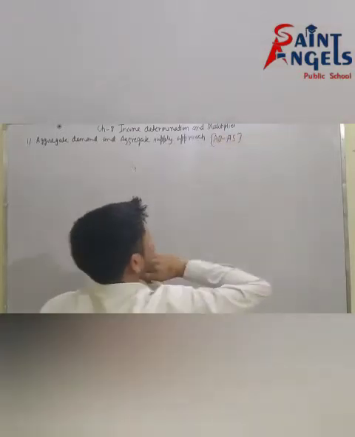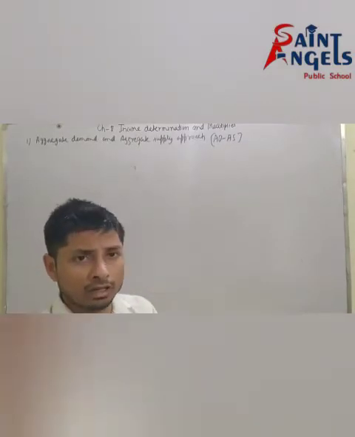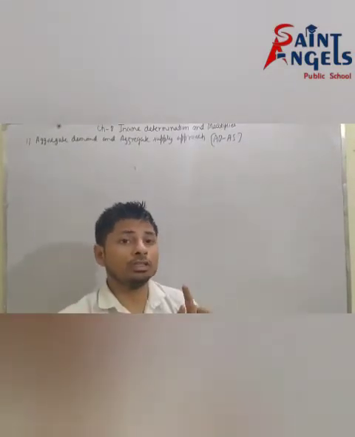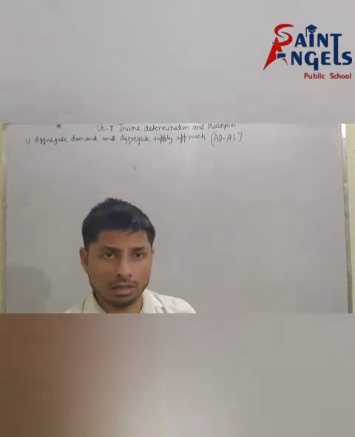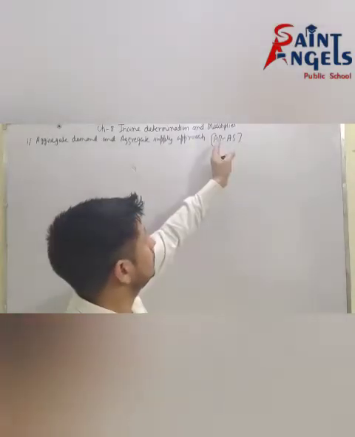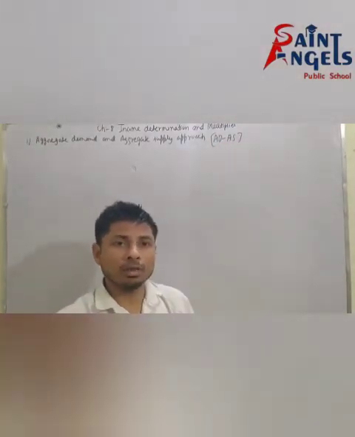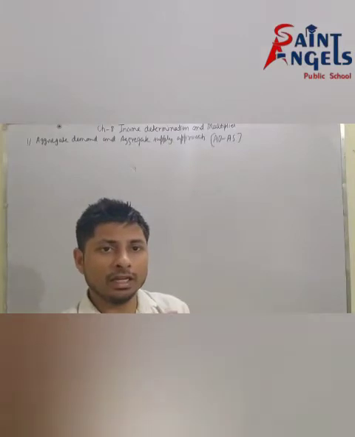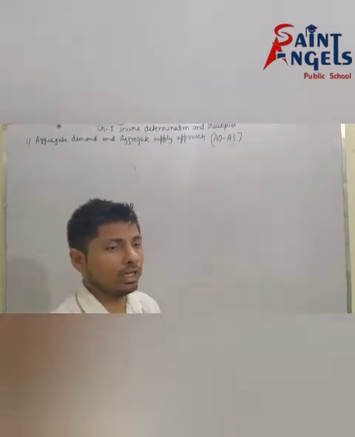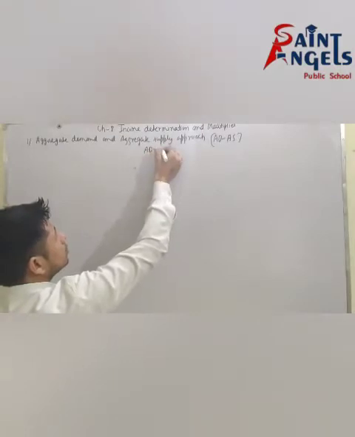According to this approach, equilibrium level of income is determined where aggregate demand is equal to aggregate supply. We can say like this, AD is equal to AS.